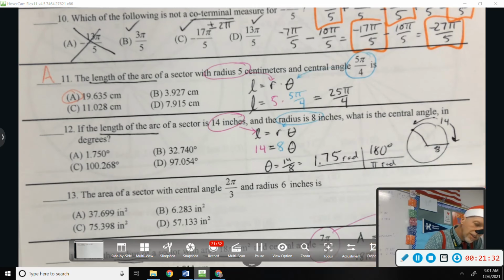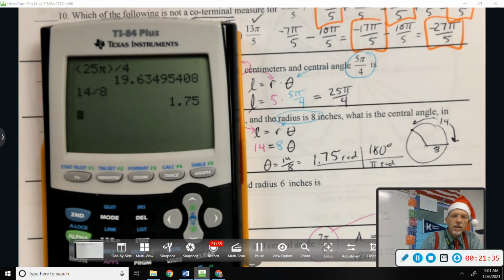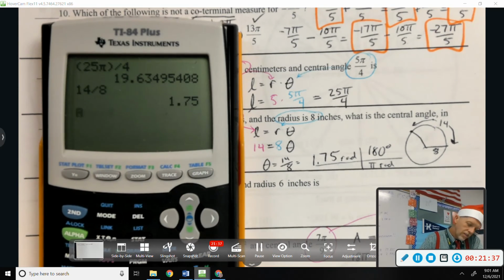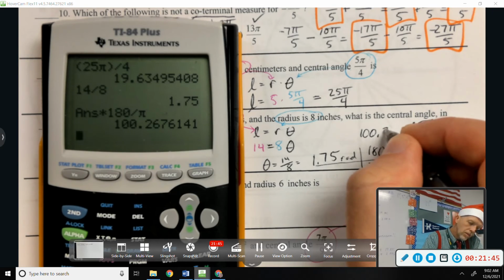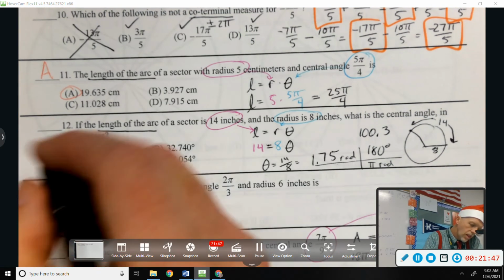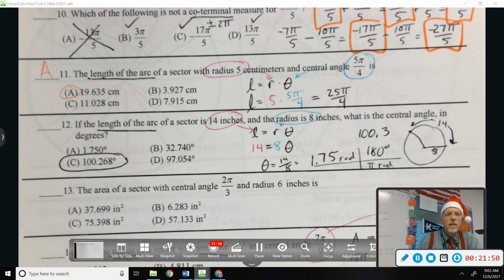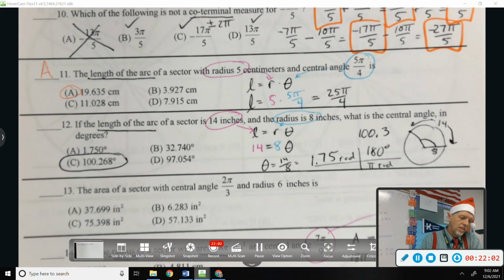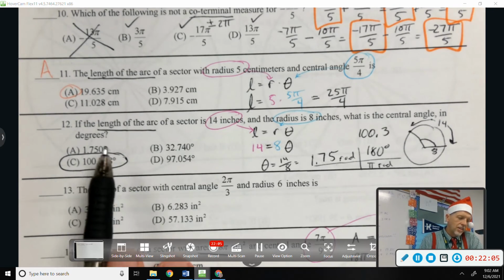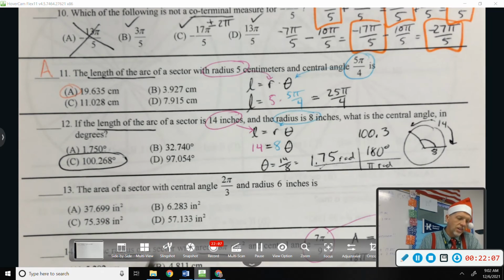Pi radians is 180 degrees. So 1.75 times 180 divided by pi. 100.3. And that makes a lot more sense in my picture than 1.75. But that's the trick answer. I don't know where the other answers come from.